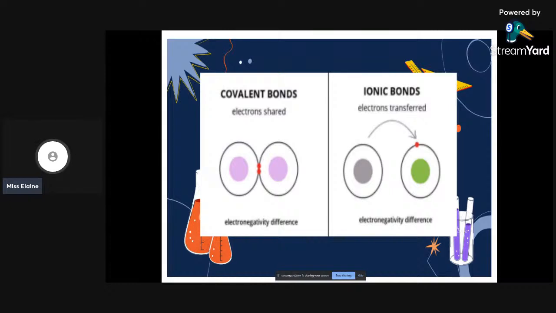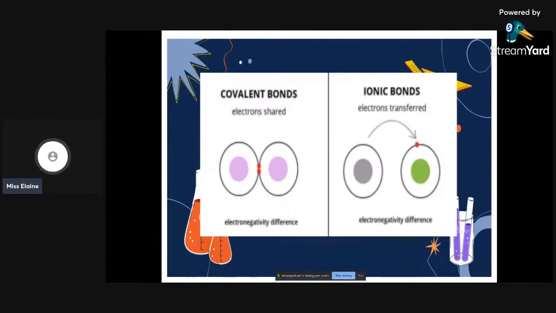If you analyze these pictures, when it comes to the electronegativity difference of these types of compounds, in covalent bonds, their electrons are what? They are sharing. It seems like sharing is caring.